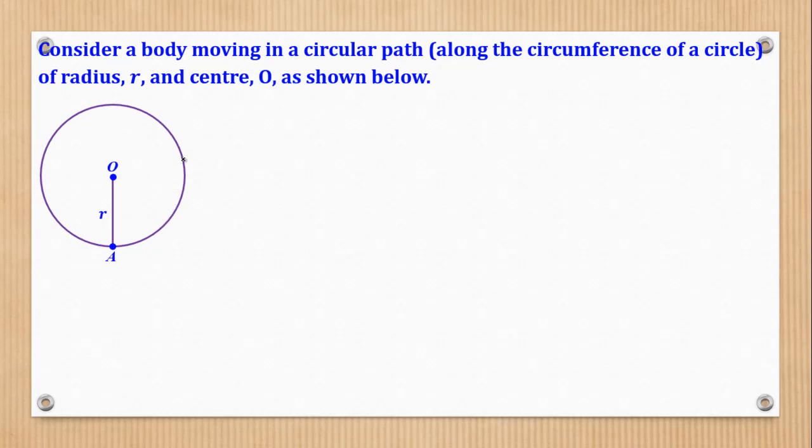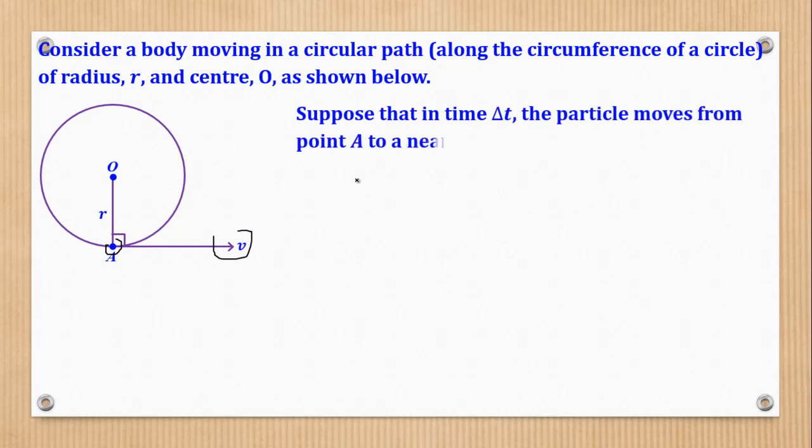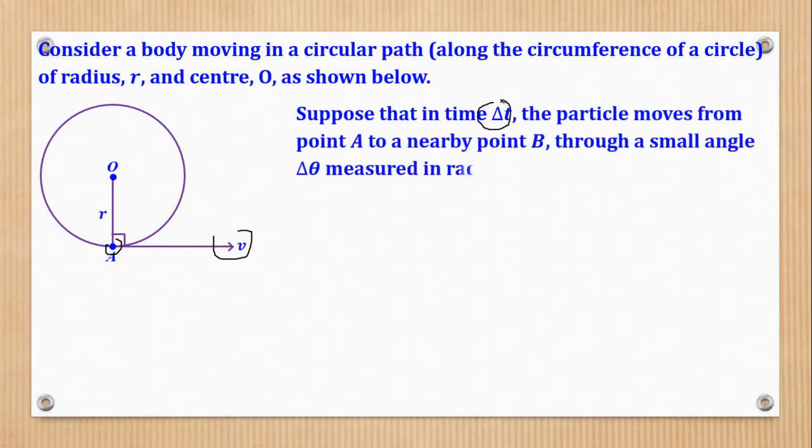Linear speed is tangential, so it will be a tangent to the circle at that point. Then suppose that in time delta t, the particle moves from point A to a nearby point B through a small angle delta theta.